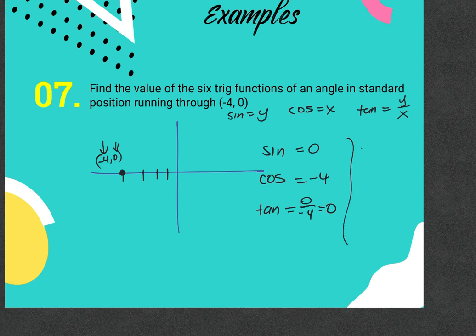And then we flip them. Cosecant, secant, cotangent. Reciprocal of 0, undefined. Reciprocal of -4 would be -1/4. And reciprocal of 0 again, undefined.